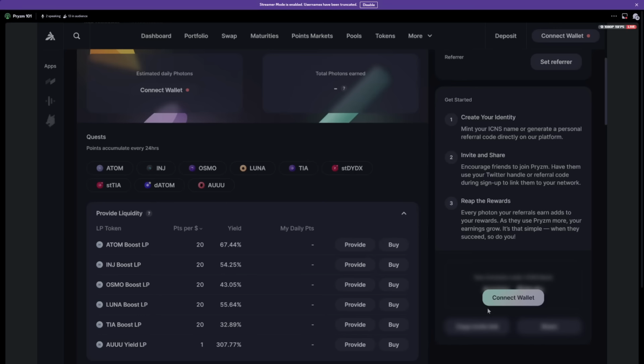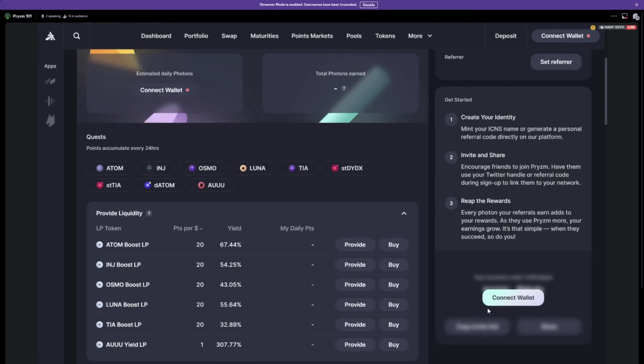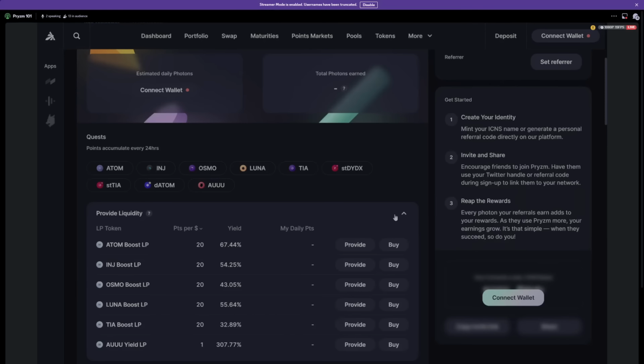So that means that if someone comes to Pryzm and clicks your referral link, it connects their wallet to your wallet and says, Alice was introduced to Pryzm by James, and so any photons that Alice earns, James is going to get a 20% bonus on Alice's photons. So it can be a really lucrative way if you end up writing good threads or educating people or introducing new people. It can be a great strategy for earning lots of extra photons.